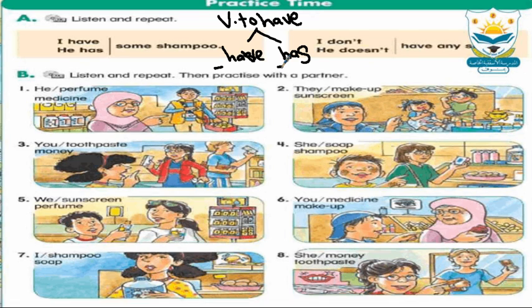And we knew also have comes with what and has comes with what. Have, we use it with plural subject pronouns, which are I, you, we, and they, or any plural noun.